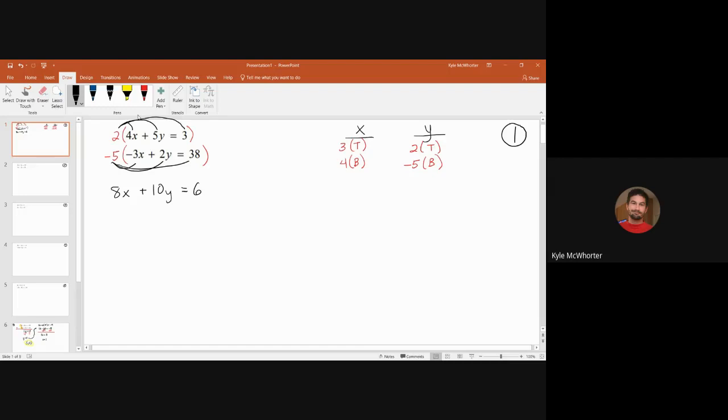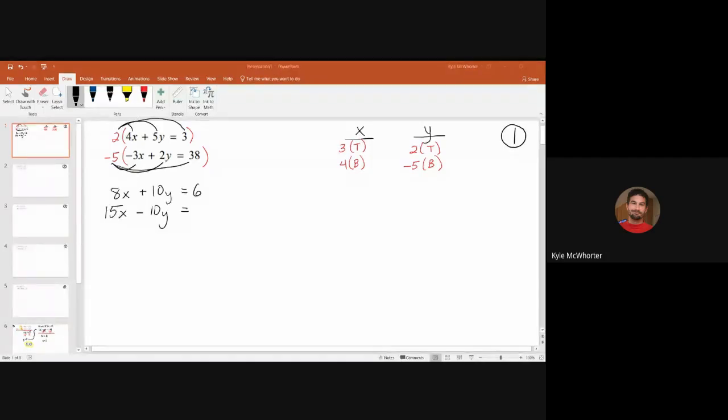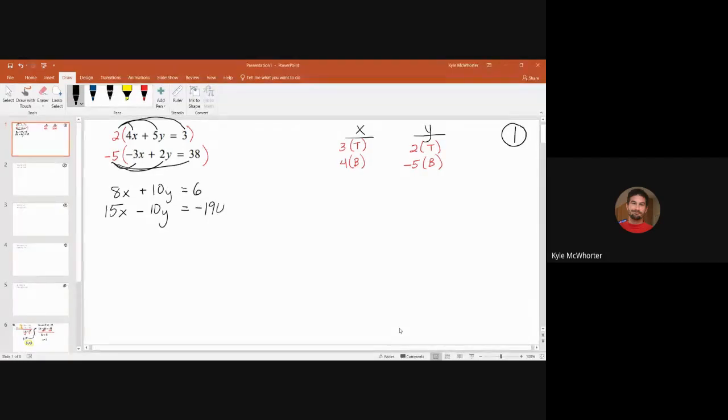Then negative 5 times negative 3x is positive 15x, negative 5 times 2y is minus 10y, and negative 5 times 38, let me get a calculator. 5 times 38 is 190, so that would be negative 190. Yeah, that makes sense.